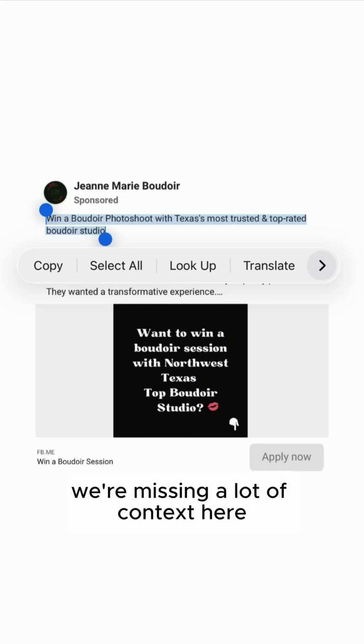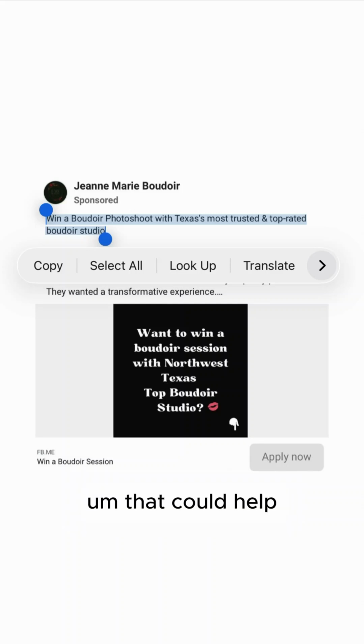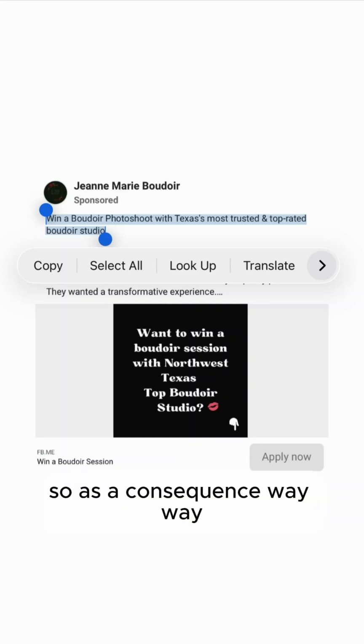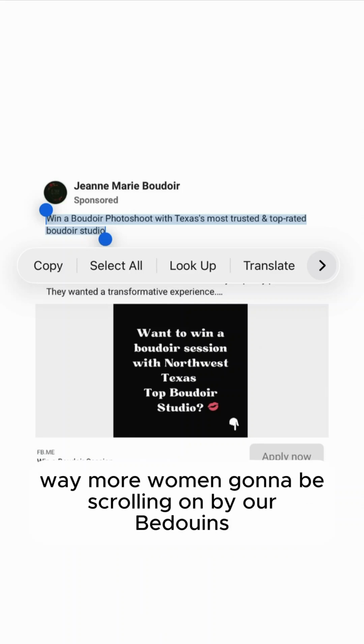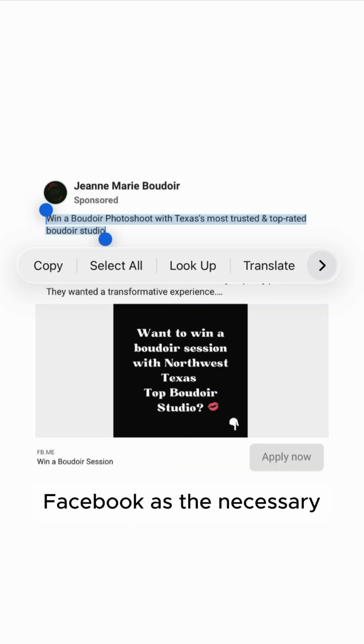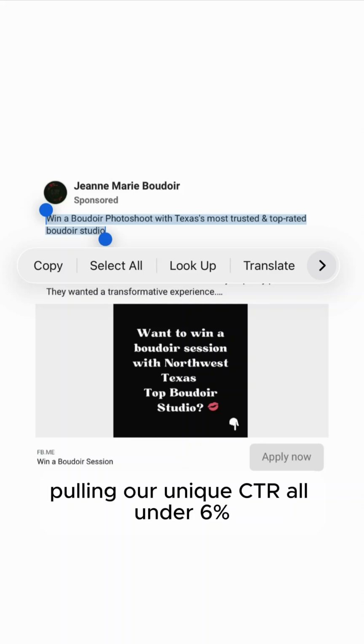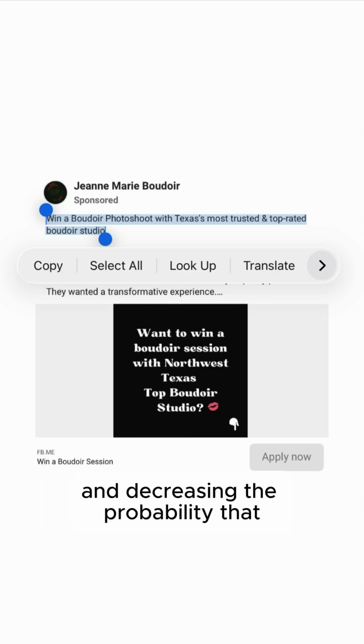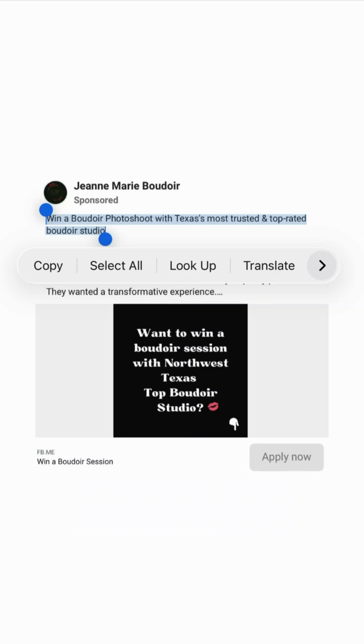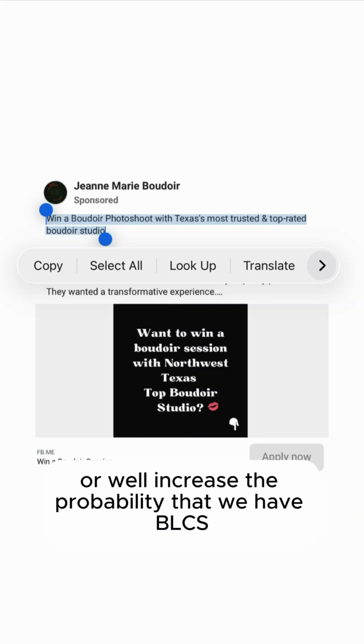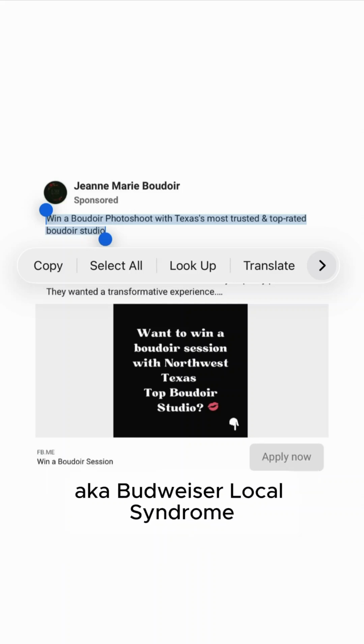We're missing a lot of context here that could help. So as a consequence, way more women are going to be scrolling by our Boudoir Facebook ads than necessary, pulling our unique CTR under 6% and increasing the probability that we have BLCS, aka Boudoir low click syndrome.